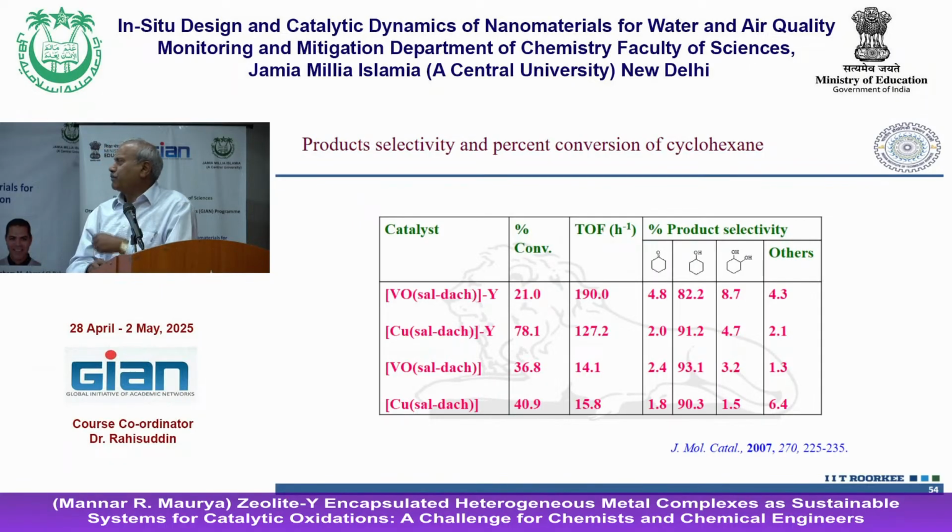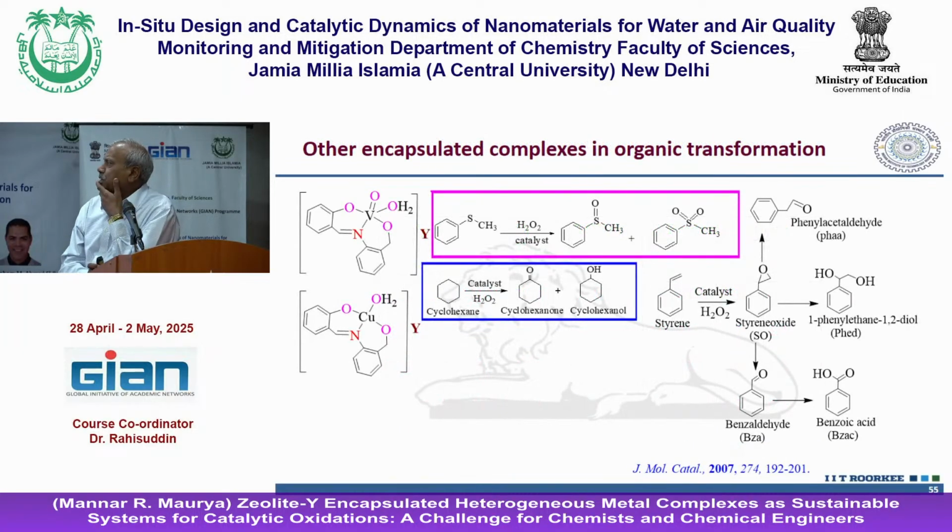Now, see some more compounds we have tried one by one, doing catalytic cyclohexane oxidation, epoxidation, sulfide oxidation, etc. So I won't spend much time here, and then we move to certain others. See, similar product, no much change.